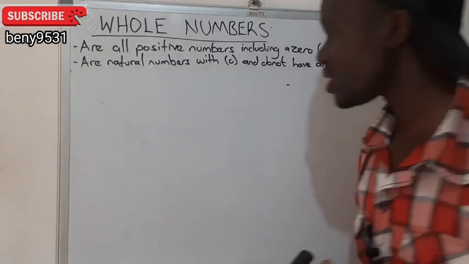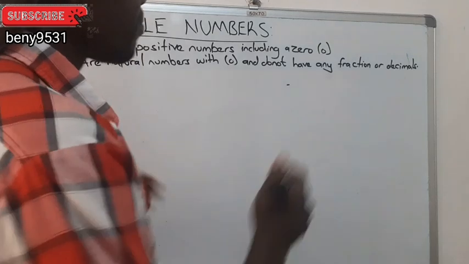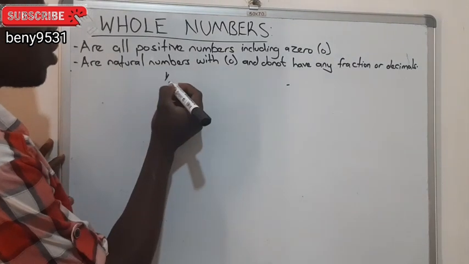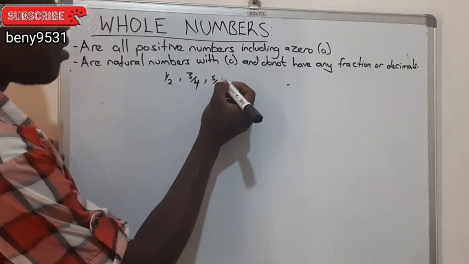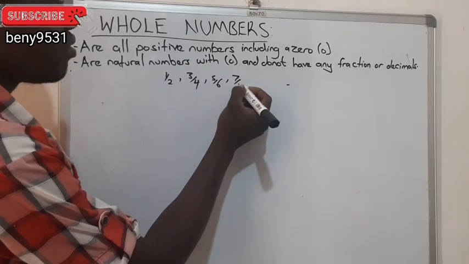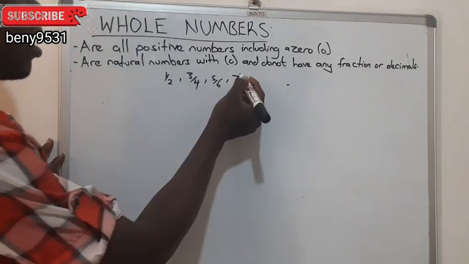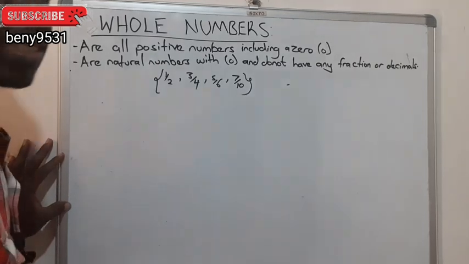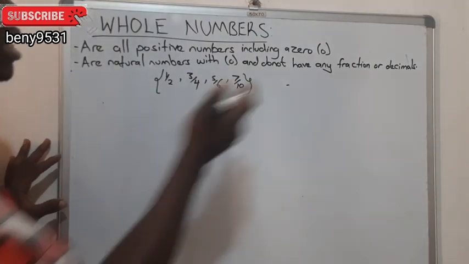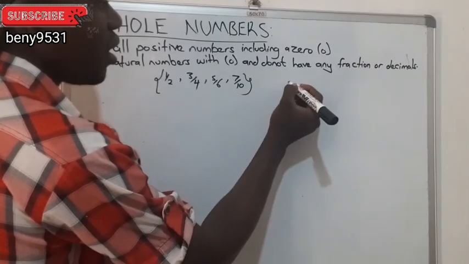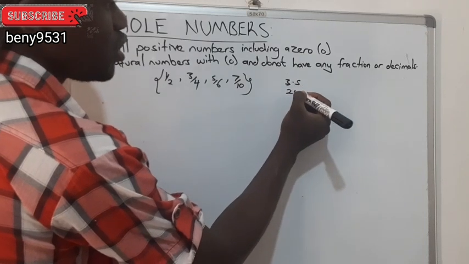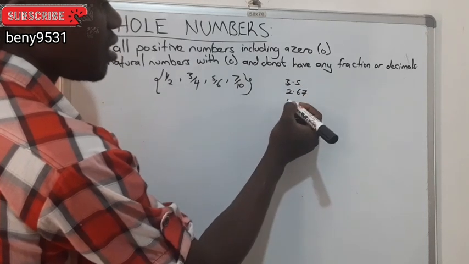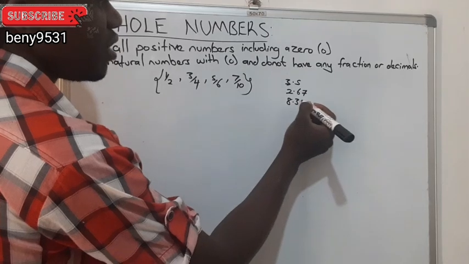With this, I mean fraction numbers like 1 of 2, 3 of 4, 5 of 6, and 7 of 10. These are what we call fractions. Decimal points, for example, you have a number like 3.5, 2.67, 8.34.